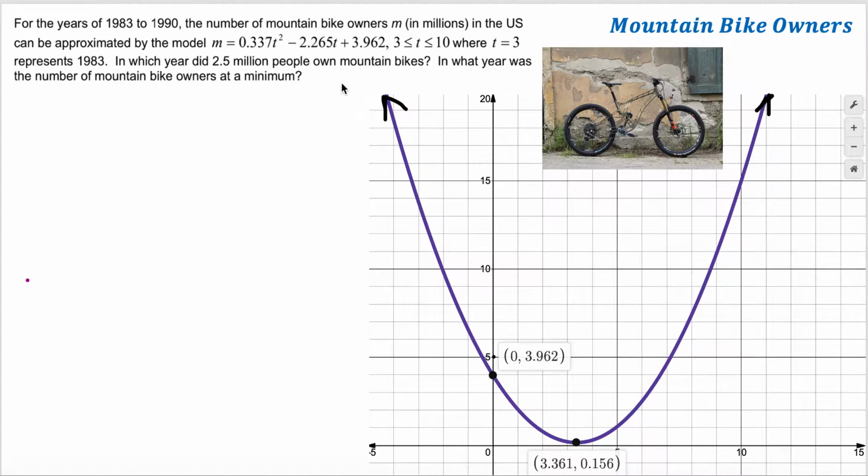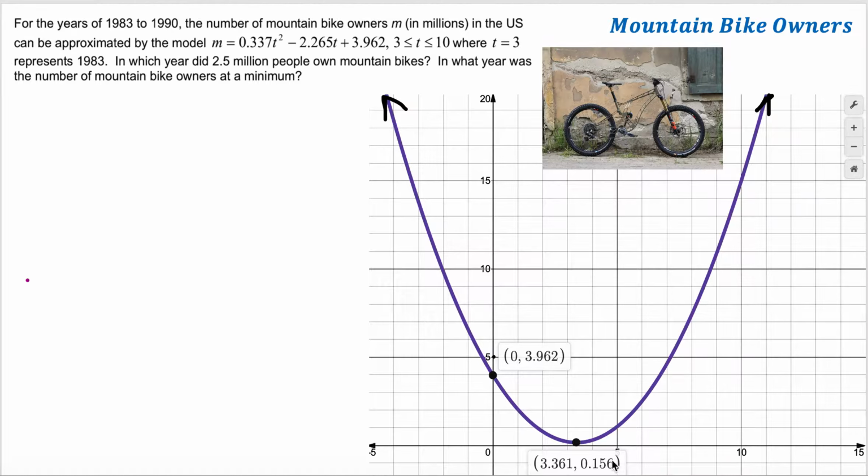And first of all, here we want to find out in which year was 2.5 million. The y-axis represents the number of the owners in millions, and t represents the year.